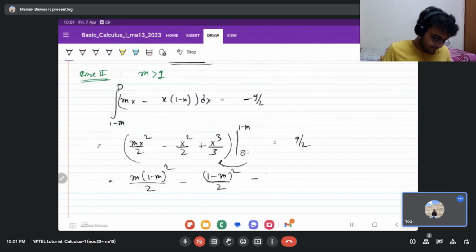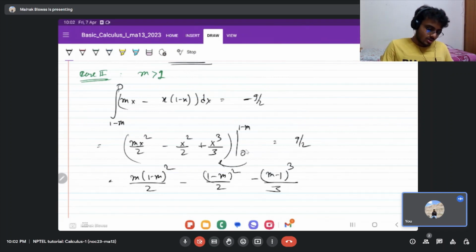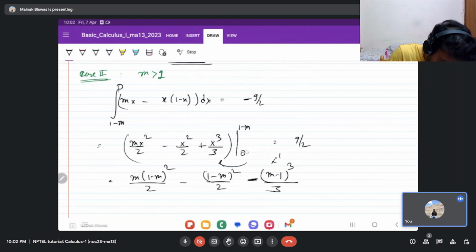so (m minus 1) cube by 3, right? So this is minus. I put a minus sign on the outside just to account for this being m minus 1. If you write plus, it is 1 minus m.